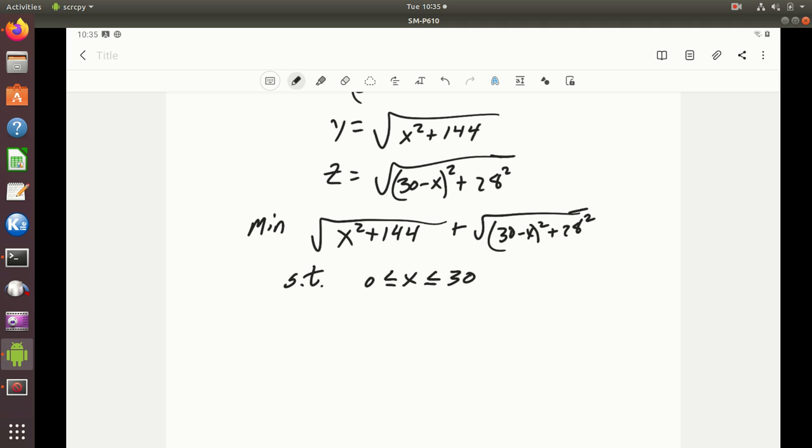So at this point, I'm going to turn to Sage to do some calculations. If we call this W, I want W prime of x. Let's try to figure out what that is.